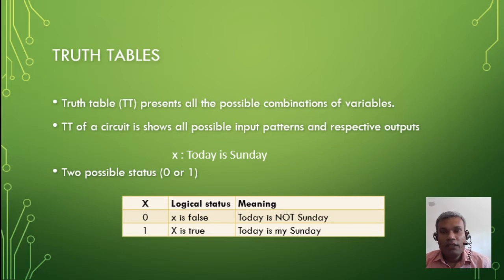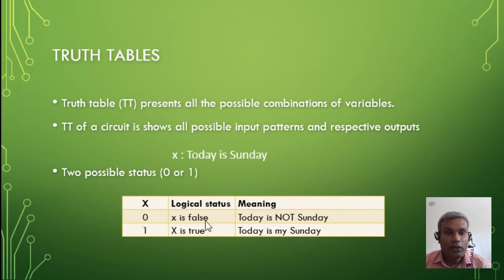Now here we have a very simple truth table. We have a statement, statement X. It says today is Sunday. Since there's only one variable, there are only two possible combinations. X can be either 0 or X can be 1. Now what is meant by X is 0? 0 means false.